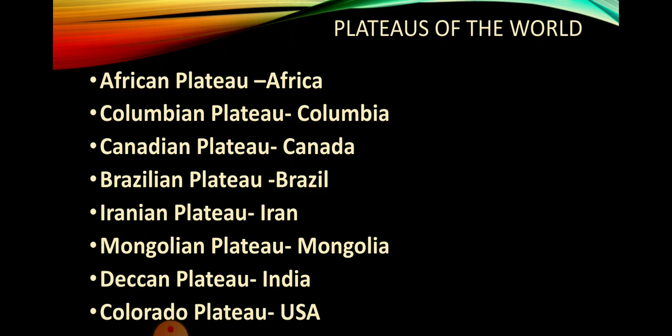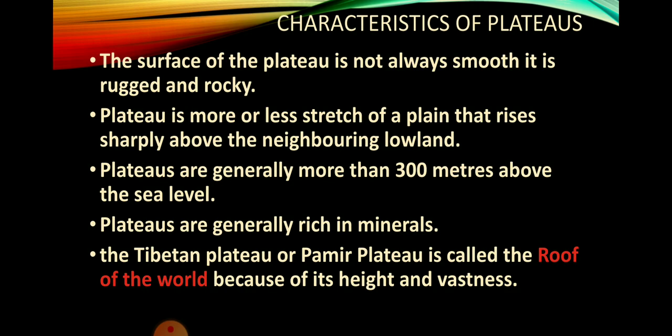Now we'll move to the next part of our chapter, that is characteristics of plateaus. The first one is that the surface of a plateau is not always smooth. It is rugged and rocky. Second, a plateau is more or less a stretch of plain that rises sharply above the neighboring lowland.